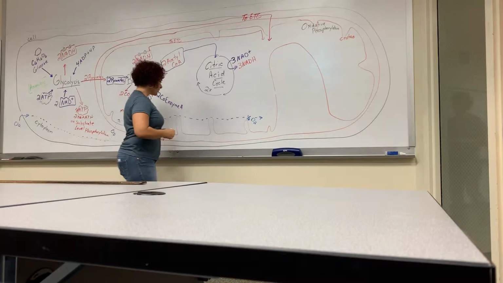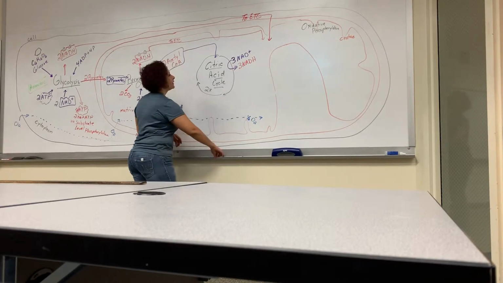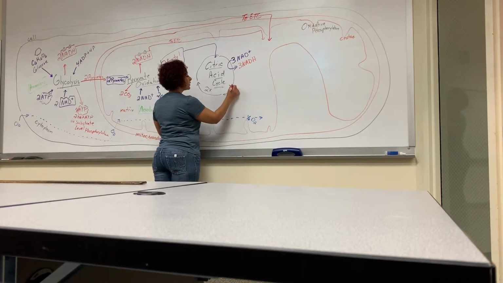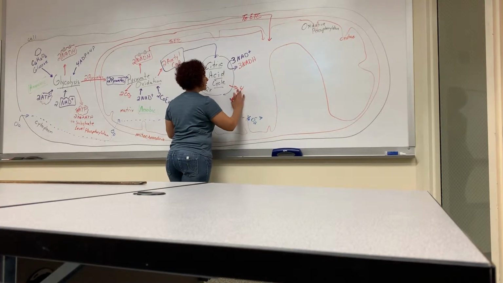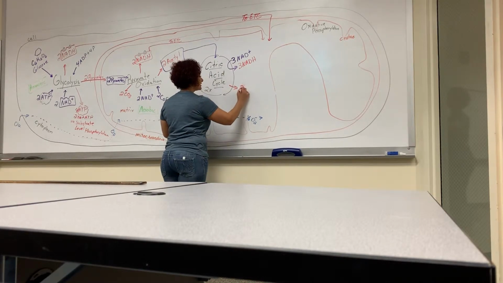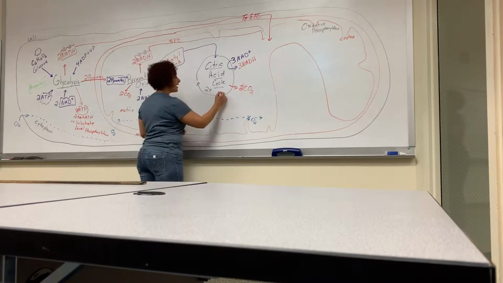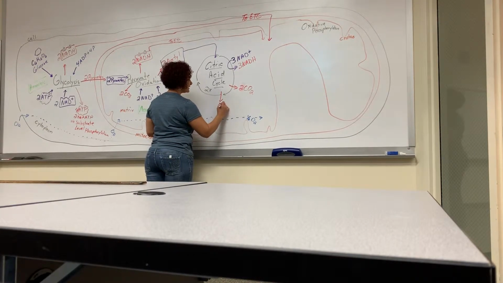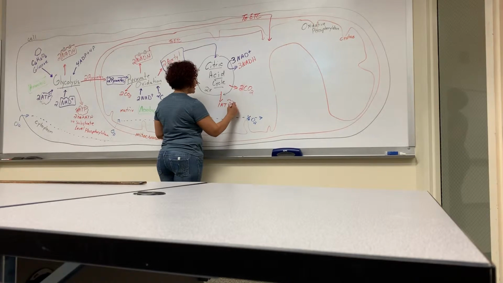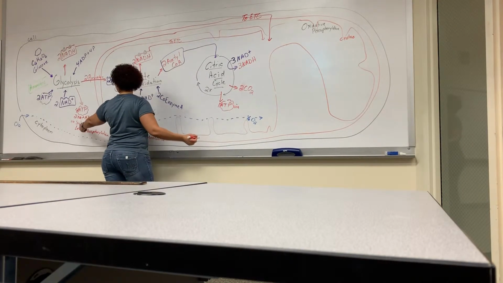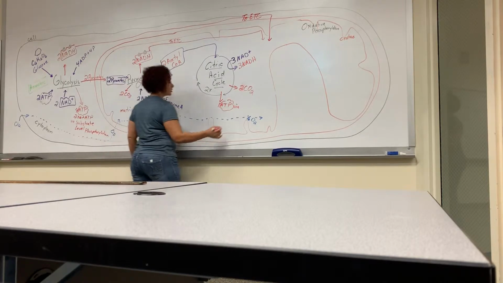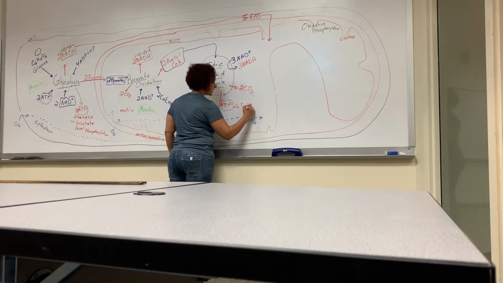All right, also coming out are 2 CO2s. Then you have 1 ATP coming out, via the same thing as the earlier ATP, substrate level phosphorylation. I'm just going to write sub-level phos.